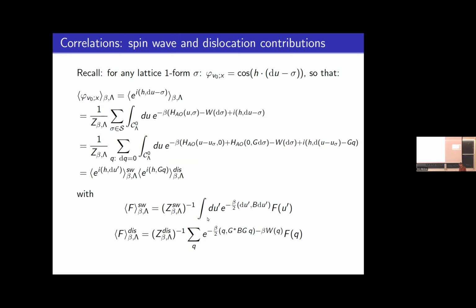In 2 dimensions, it's a difficulty, but at the end the main difficulty is to understand this dislocation part. Once you understand well the dislocation part, a possible coupling between the spin wave and the dislocation degrees of freedom is not the worst part.